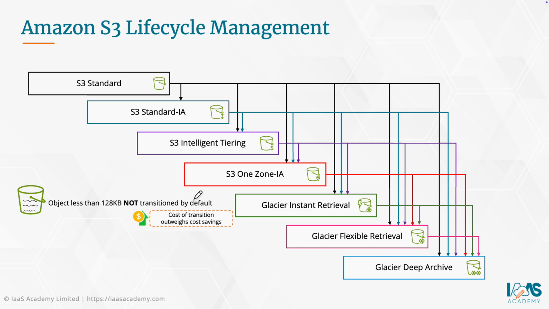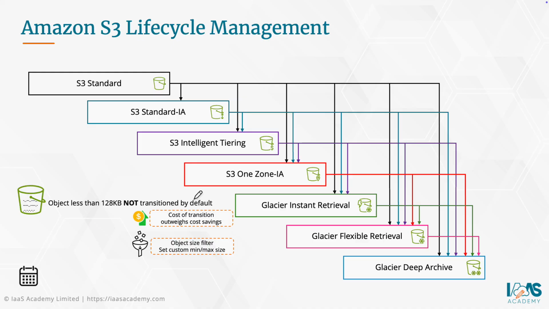So it doesn't make sense financially. However, you're still welcome to apply what's known as an object size filter, where you can set a custom minimum and maximum size. So you could drop the 128 kilobytes down to 60 kilobytes, for instance, if you wanted to. But bear in mind that economically or financially, it might not work out in your best interest.